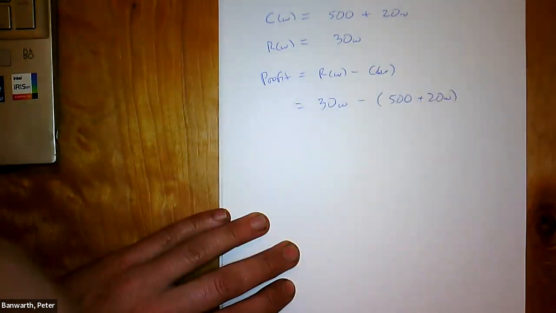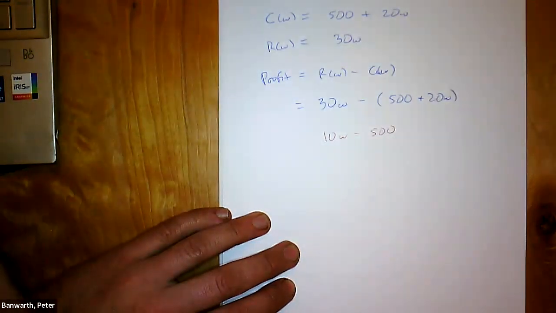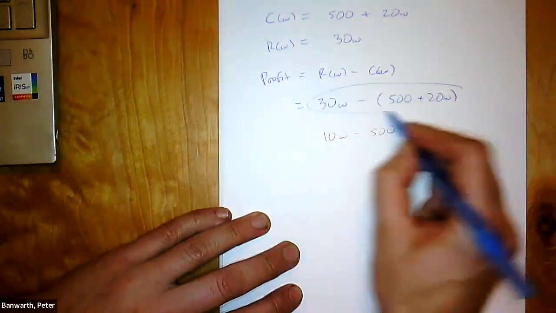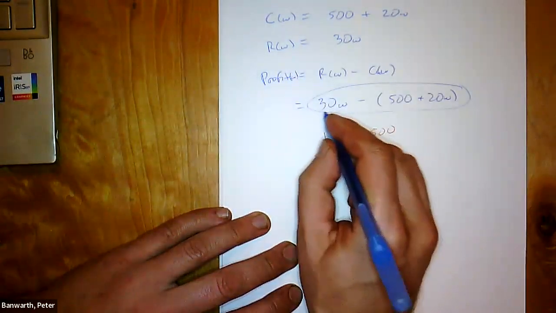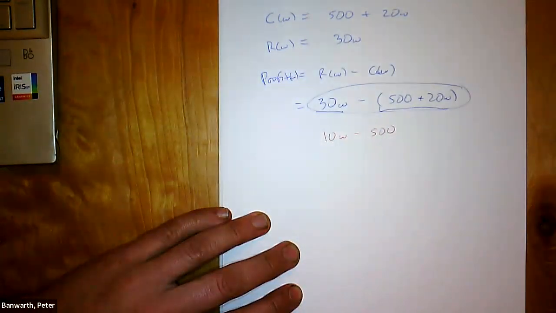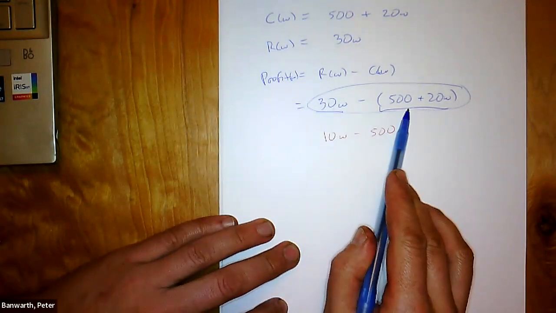Yes, you could certainly combine all that and say that's 10W minus 500. But I like it better this way because that makes it more clear that my profit function is built from two different pieces. And it helps me identify the different pieces as revenue and as cost.